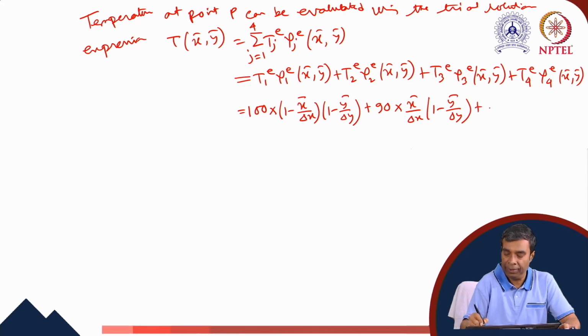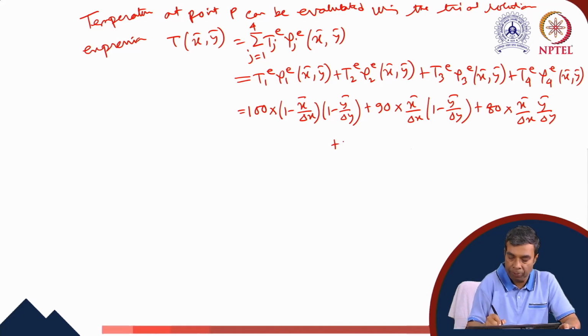T3E was 80 degree centigrade. 80 into psi 3E, which is x bar by delta x, y bar by delta y. And finally, our T4E was 70 degree centigrade, and psi 4E is 1 minus x bar by delta x into y bar by delta y.